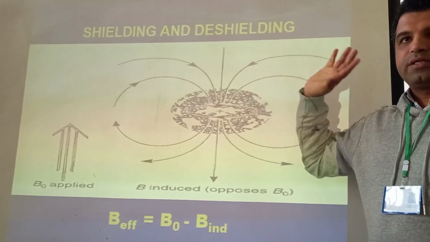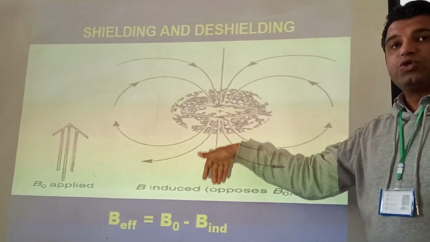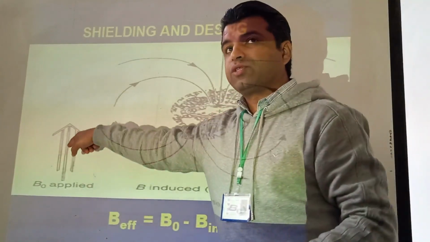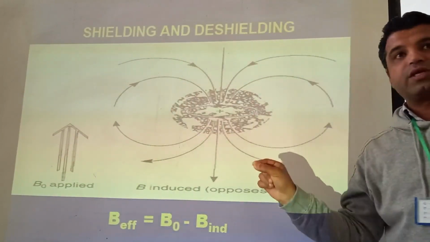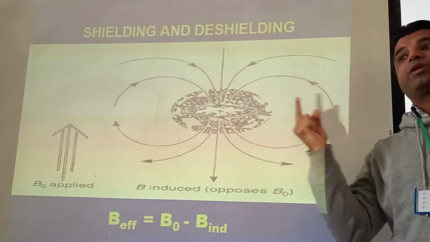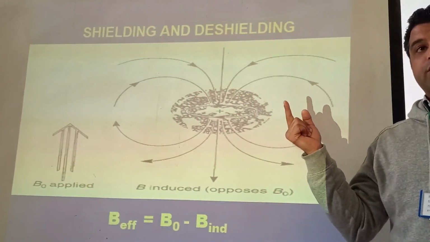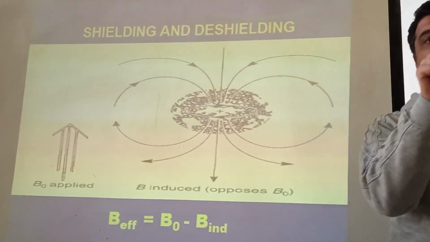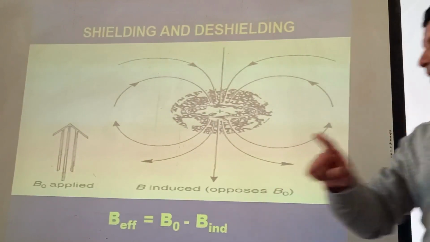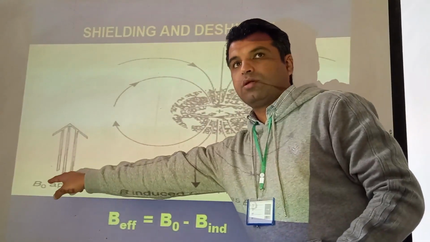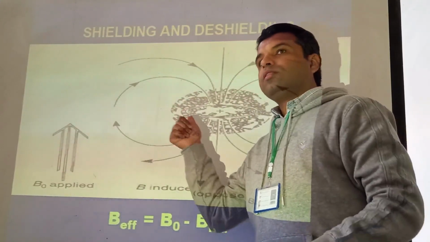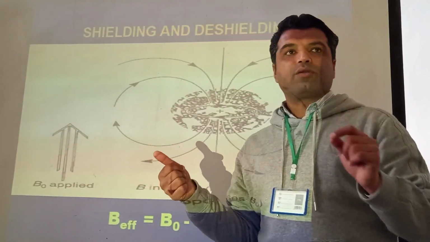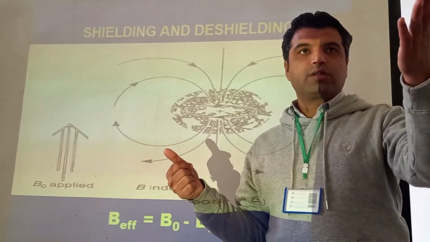Is that understood? Yes. If this induced magnetic field is reducing the effect of the applied magnetic field, it's actually reducing the Larmor frequency of this proton. Now, we are providing B0, and at a particular B0, this proton must have a particular Larmor frequency, which you were asking.